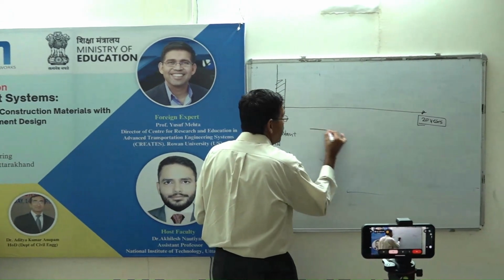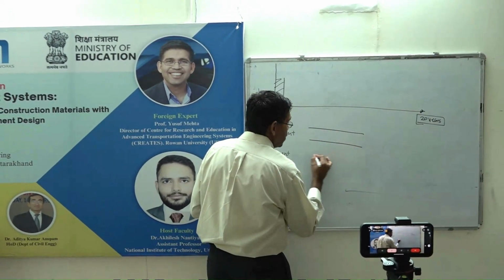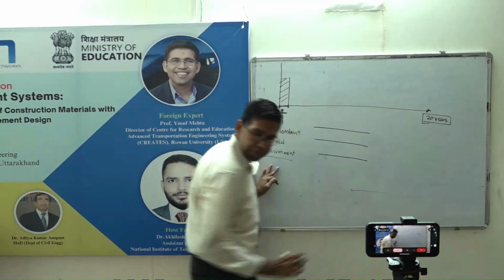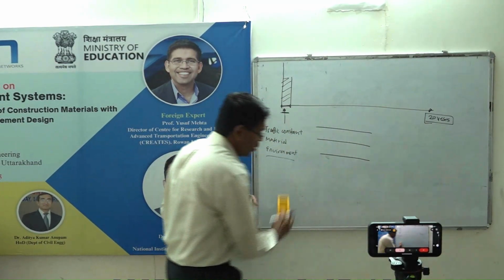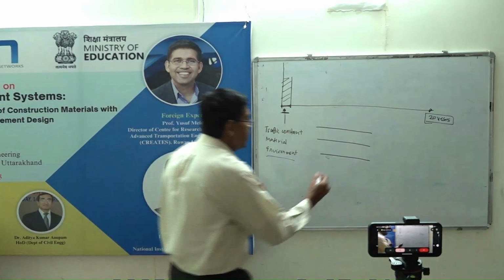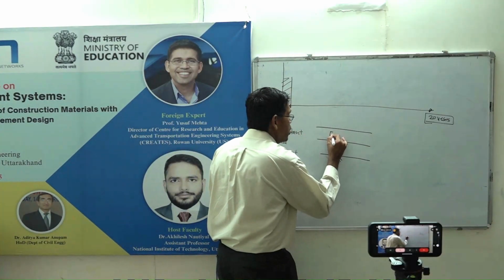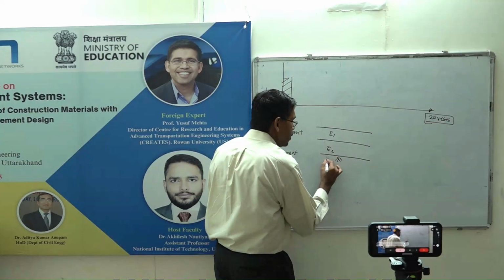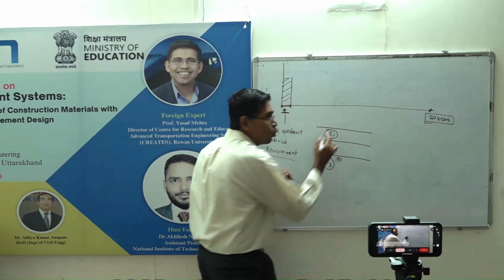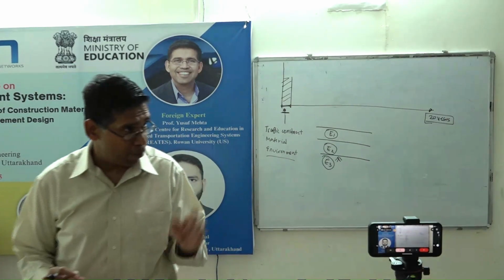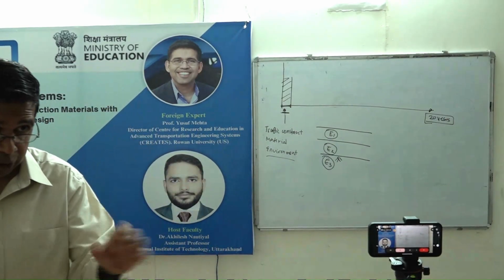Let's say I assume a design. Remember, you have to assume a structure. I assume the 3-layer structure, E1, E2, E3. Remember, you have to get the key value. I said that multiple times. Either it's level 1, level 2, or level 3, you have to get the key value.